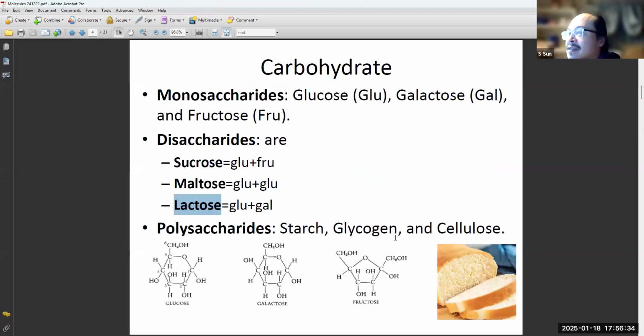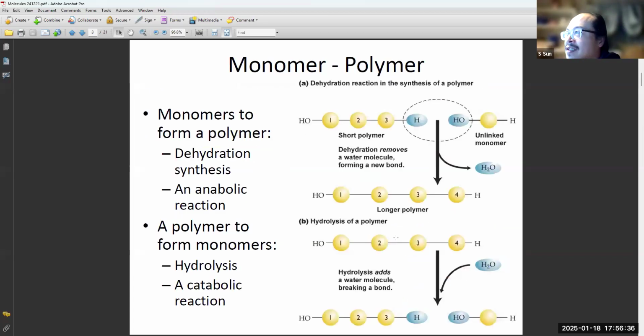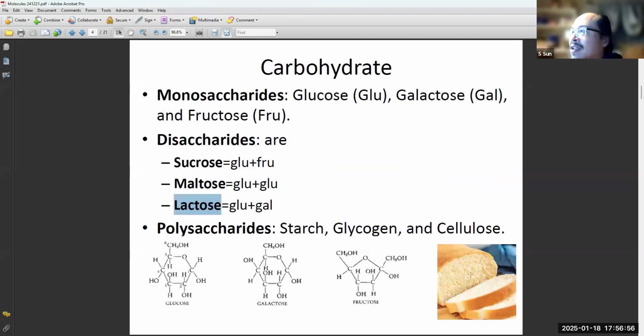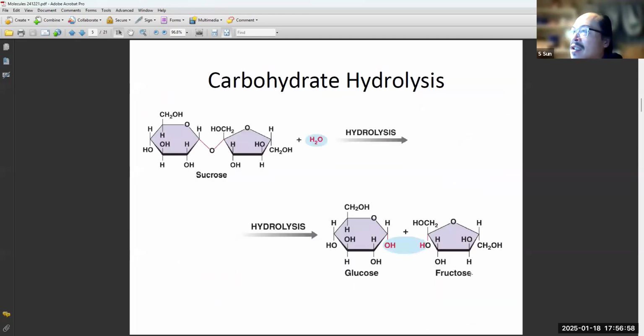So just like this diagram, the process of dehydration synthesis is a process to form the polymer. Hydrolysis is to break it apart. So we can have the similar thing in the carbohydrates.